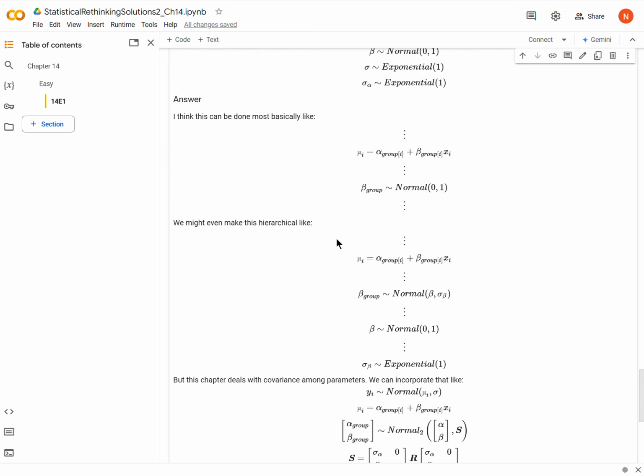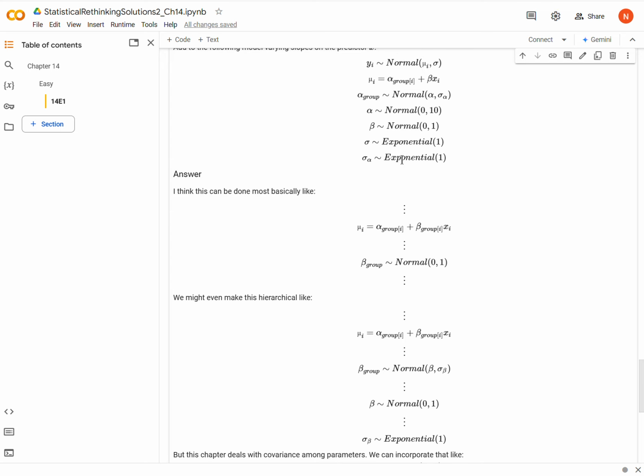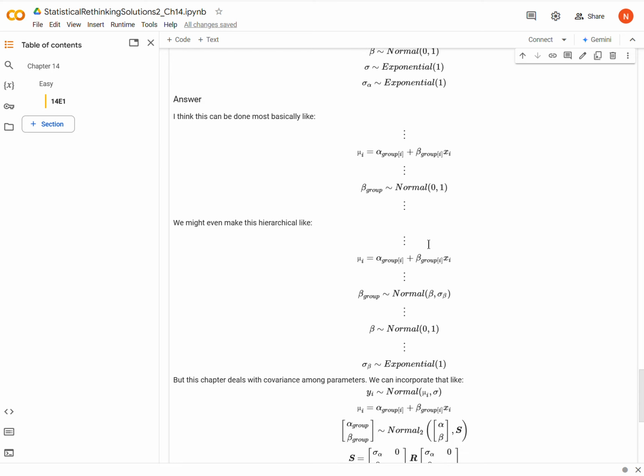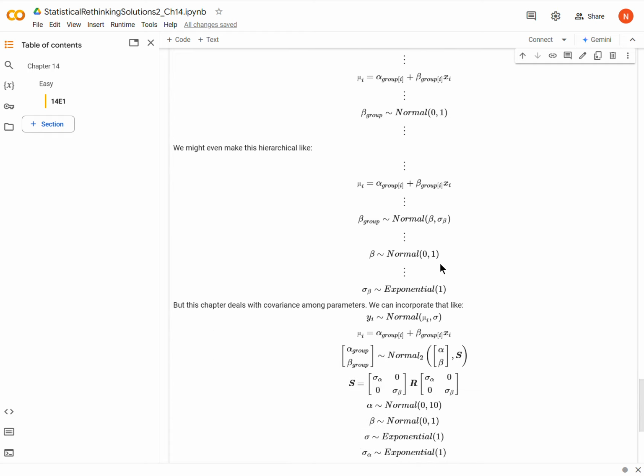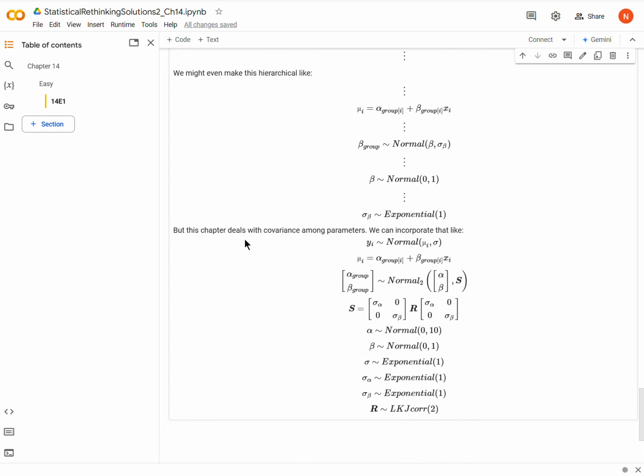Now this chapter goes one step further and says, what if there is a relationship between the alpha and the beta parameters? So now we're looking for relationships between parameters, not just within a parameter, or levels of a parameter. And this is how we begin to deal with this.